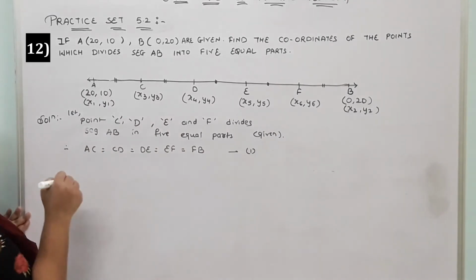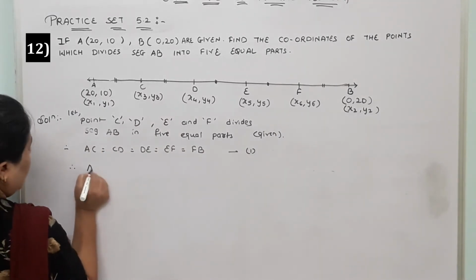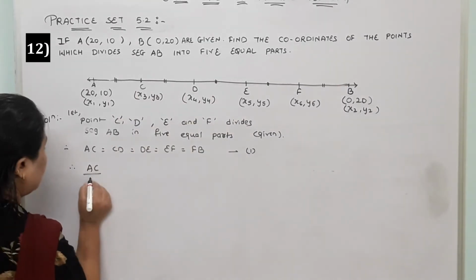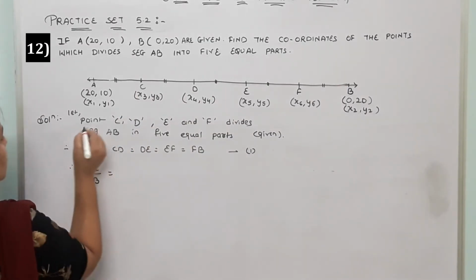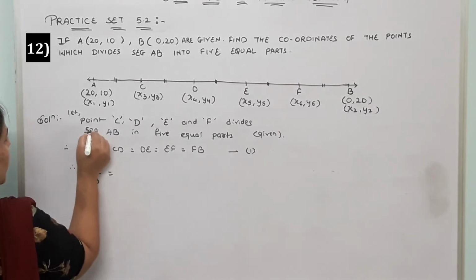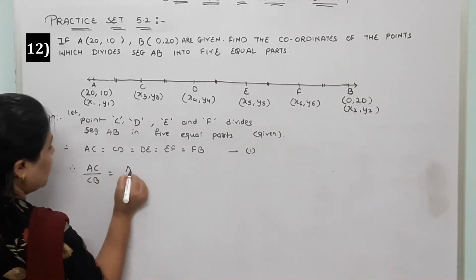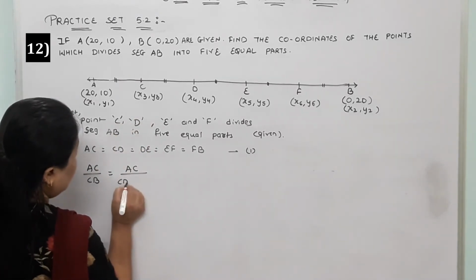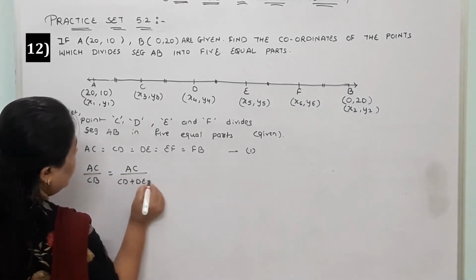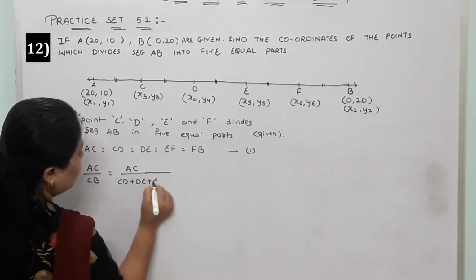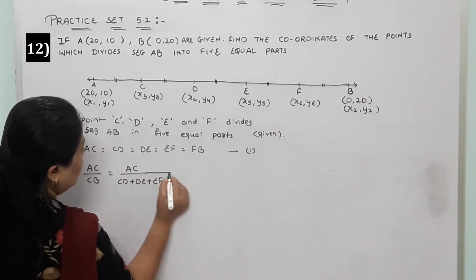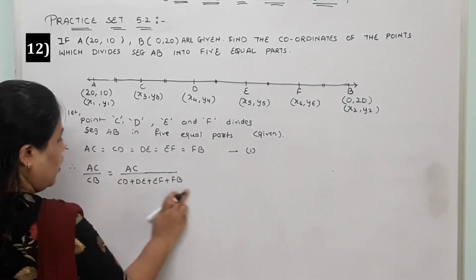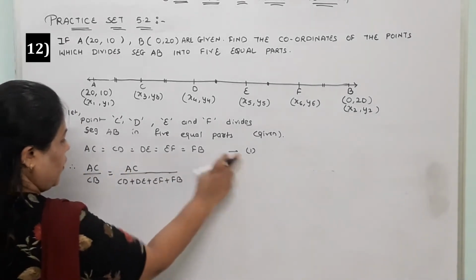Now we'll take the ratio. Therefore, AC upon CB equals, what is CB? CB is equal to CD plus DE plus EF plus FB, right? And all are equal to AC from equation 1.